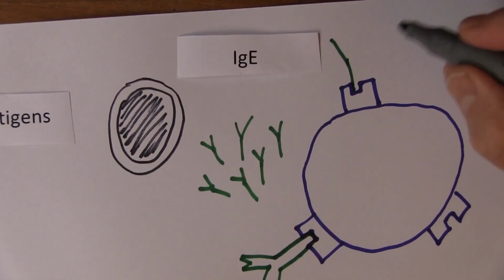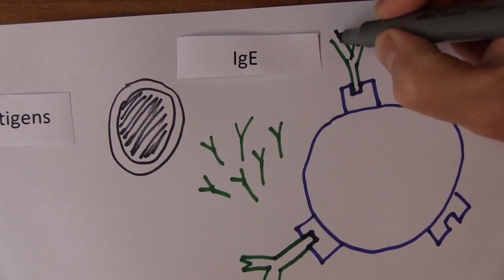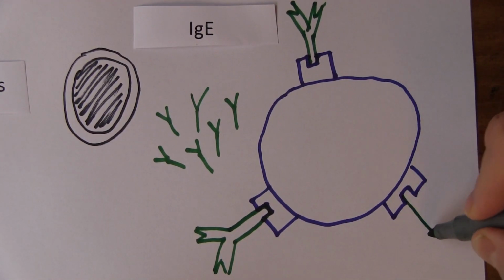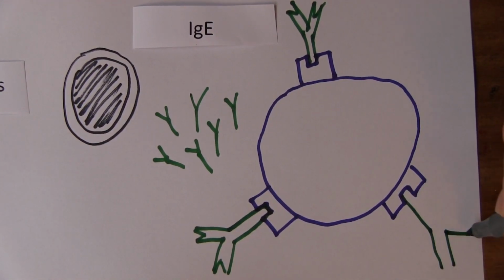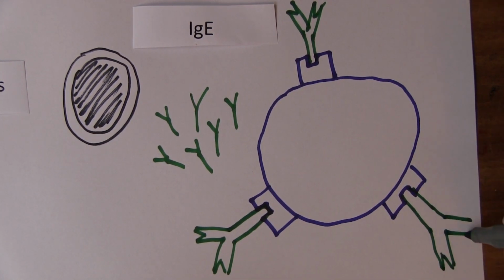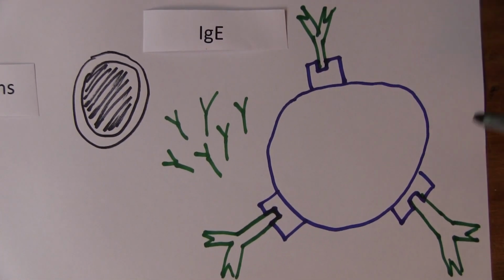So we'll have these immunoglobulin type E's now fitting onto the mast cell. So the mast cell is now expressing these antibodies to, in this case, peanuts. So this is the mast cell.